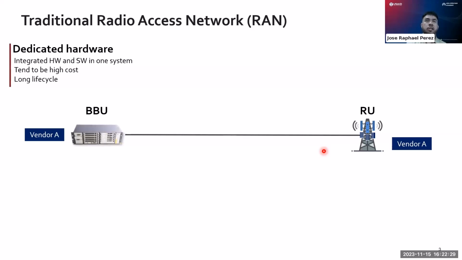Usually these telco equipment are costly and have a long life cycle. This means that whenever there is a new feature in the RAN, it cannot be patched immediately to our hardware since it is integrated and has a long life cycle.